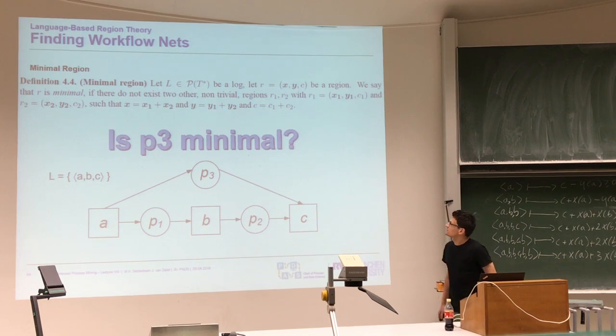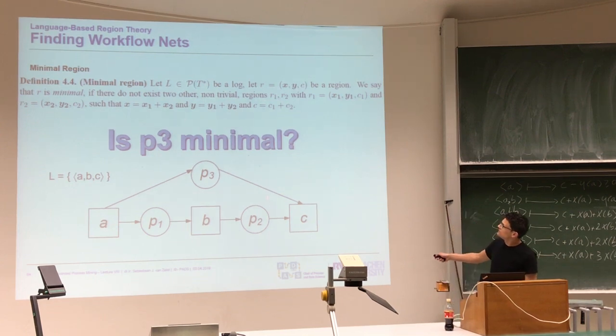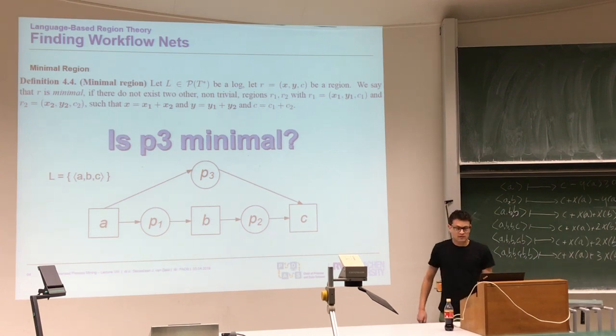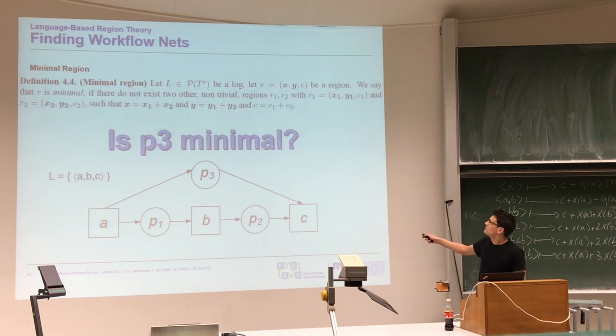The problem with that is, there still exist regions that we don't want. For example, if you just have the log A, B, C, we can find quite easily the place P1 and the place P2. Yet P3 is also a region and it's also minimal.